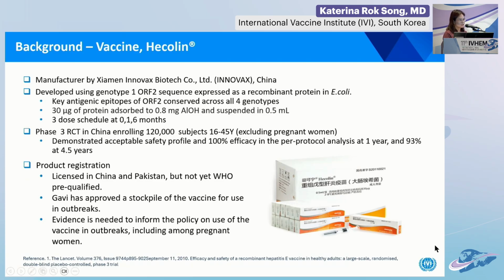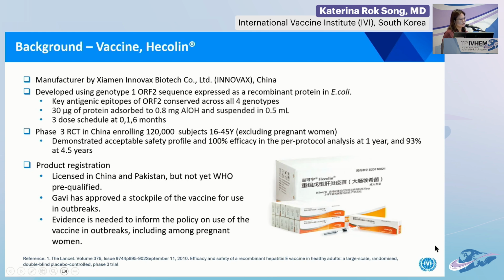Fortunately, an effective vaccine exists. It's manufactured by Innovax, a Chinese manufacturer. They developed the vaccine using the genotype 1 ORF sequence. Nevertheless, the key antigenic epitope of this ORF is conserved across all 4 genotypes.